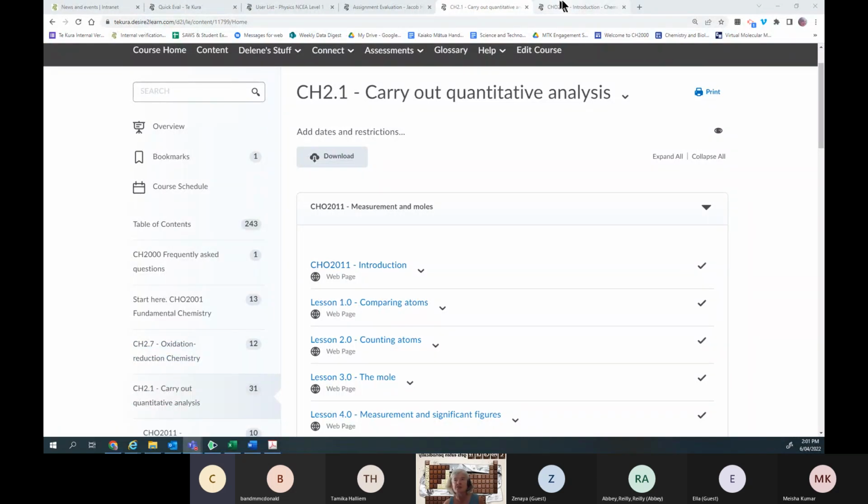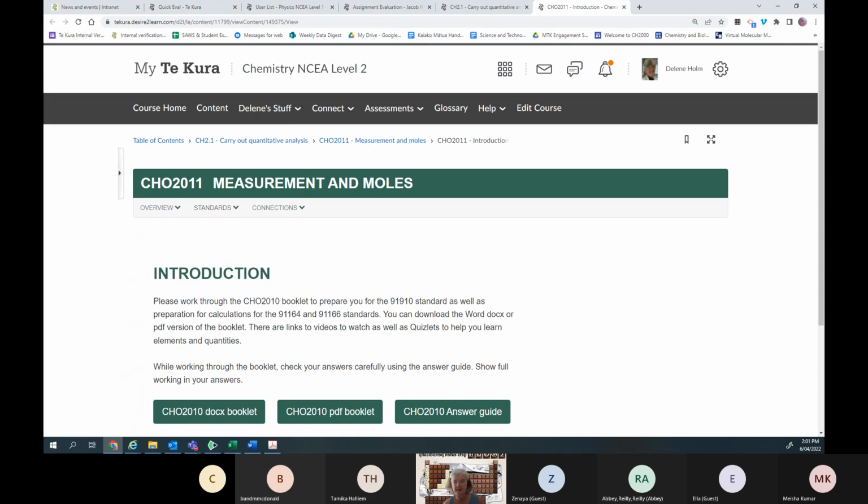With the introduction, you'll get something like this, and that will give you the booklet. You can choose between DocX or PDF, and then the answer guide. So that's just where we got it.